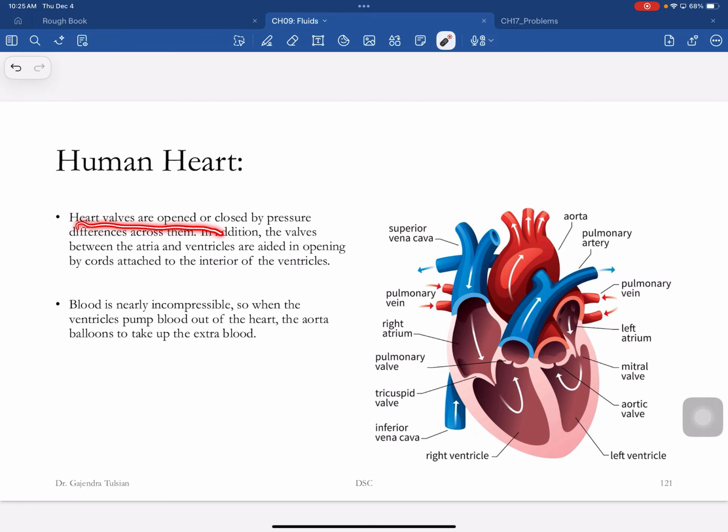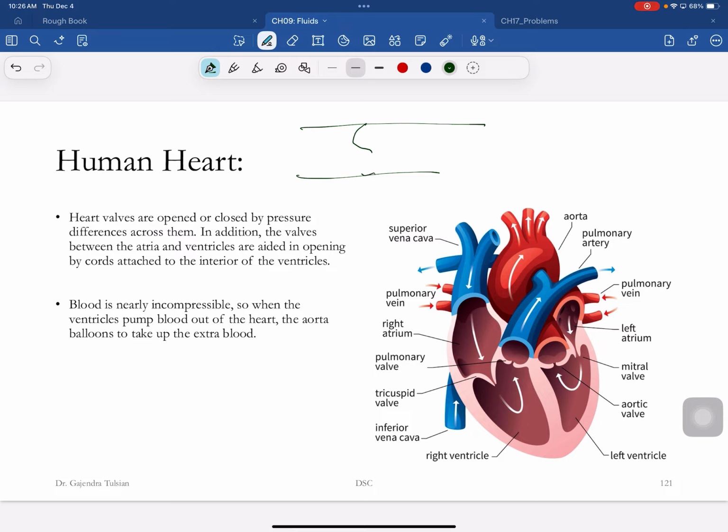Heart valves open and close by pressure differences. So all valves are one-way valves. If you have a valve like this, when the pressure is higher here, the valve is closed, and when the pressure is higher here, the valve opens.